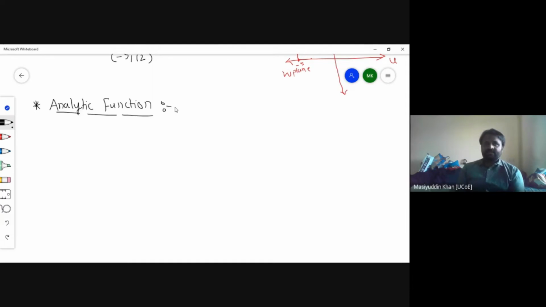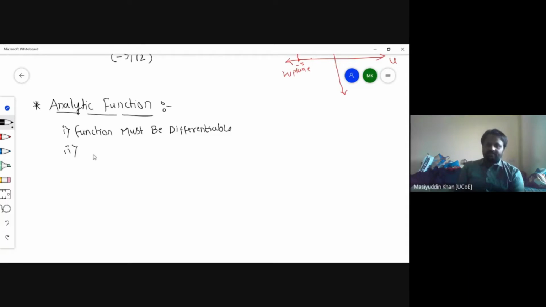So always remember the definition of analytic function. Whenever I say any function is an analytic function, the first condition is that the function must be differentiable.